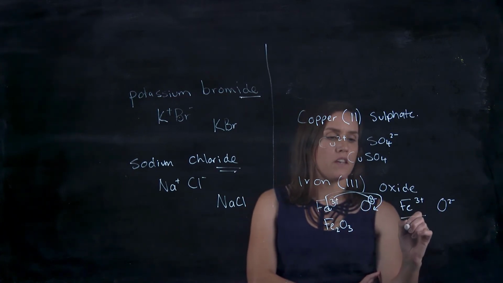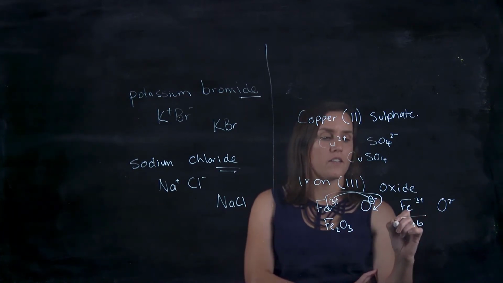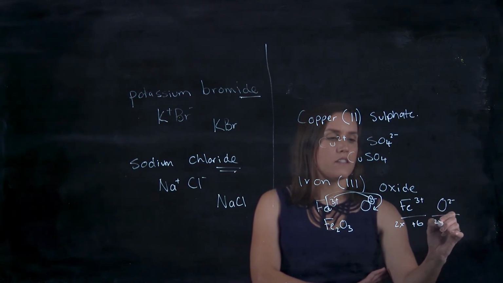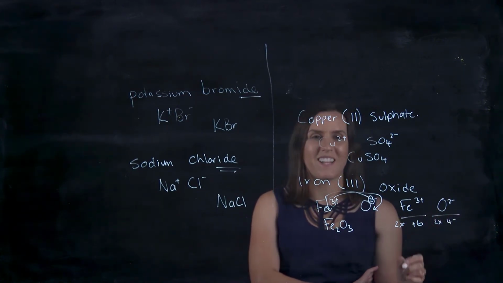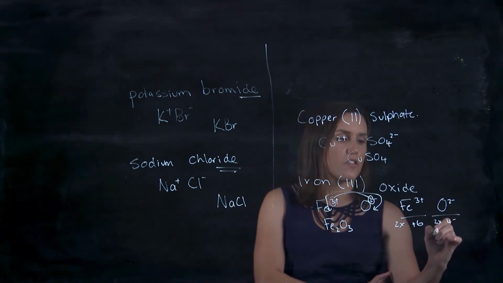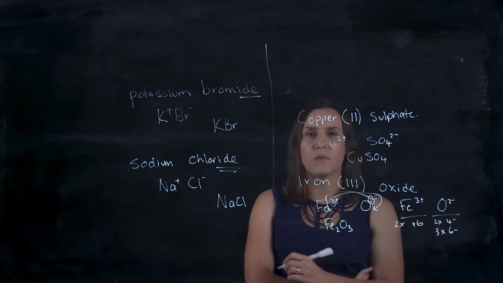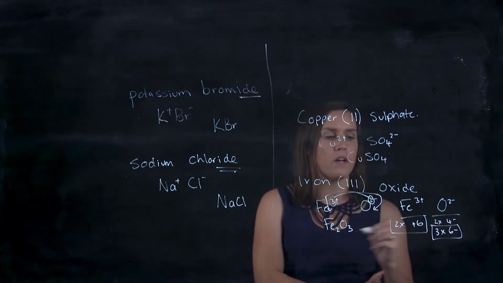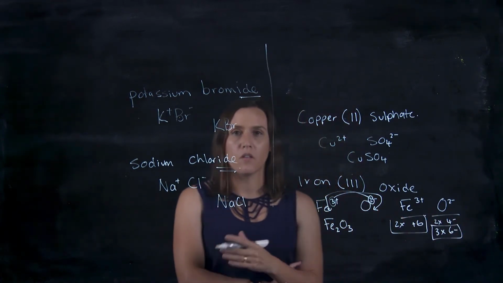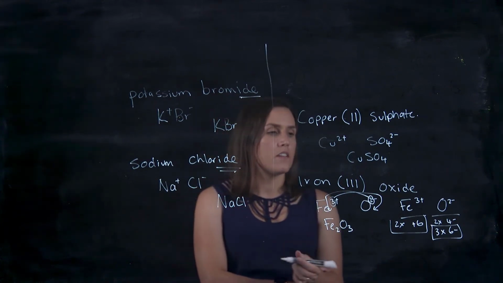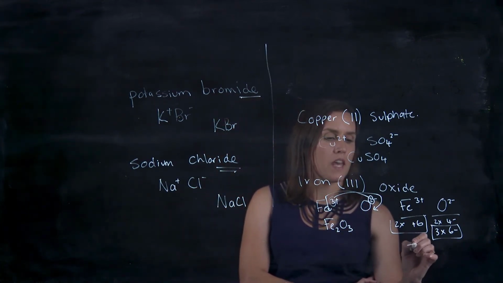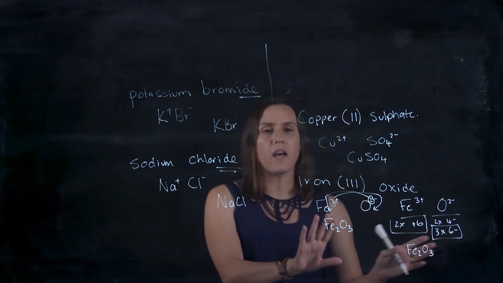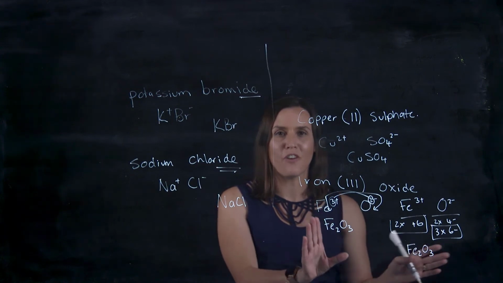That would give me 6+ if I had 2 times. Then if I had 2 times of this, that would give me 4-. It's not good enough. I need to get to 6. So if I do 3 times, that gives me 6-. You'll notice that I'm multiplying by the other number to get to that common number between them. So it's a cross multiplication. So it would be Fe2O3.